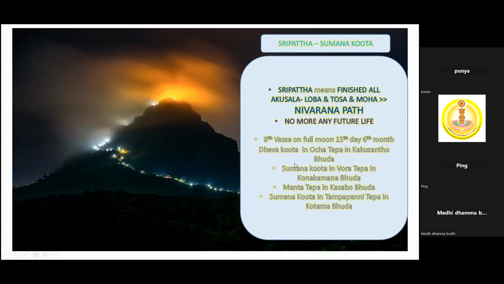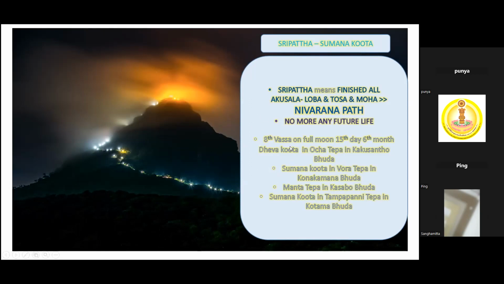When the time changed, this place was called Sumanakuta in Varadvipa in Konagamana Buddha's era, the second Buddha in this Bhadrakalpa. And the third one, Mandadvipa, was called this place and mountain again in Kassapa Buddha's era.